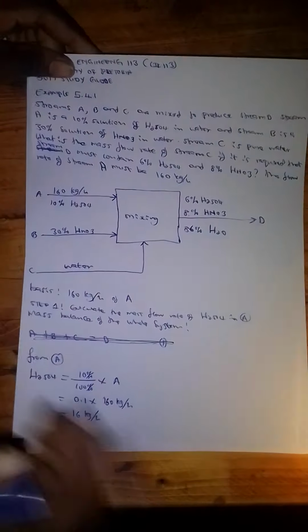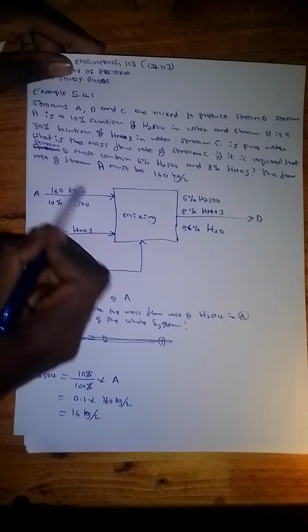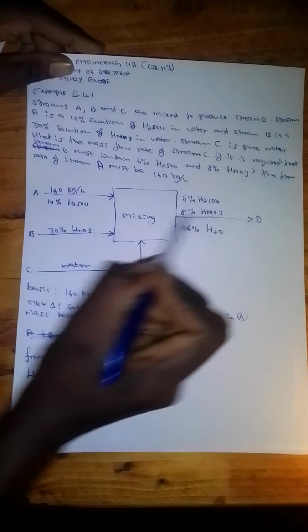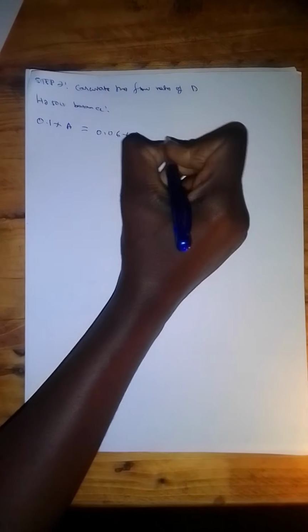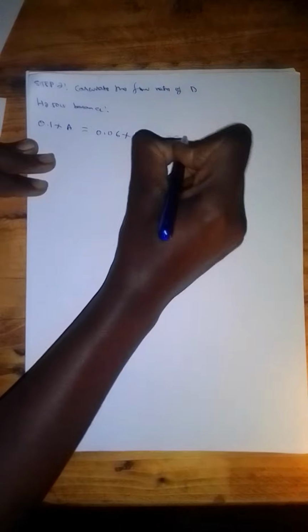So we're actually going to do an H2SO4 balance, like I explained. We know that if all the H2SO4 in here is equal to all the H2SO4 in there, then 0.1 multiplied by A is equal to 0.06 multiplied by D. This is our equation, so I can name it equation 1.